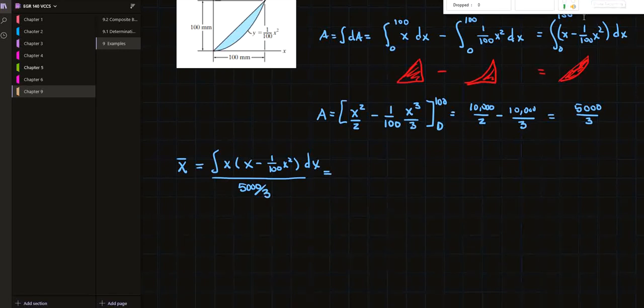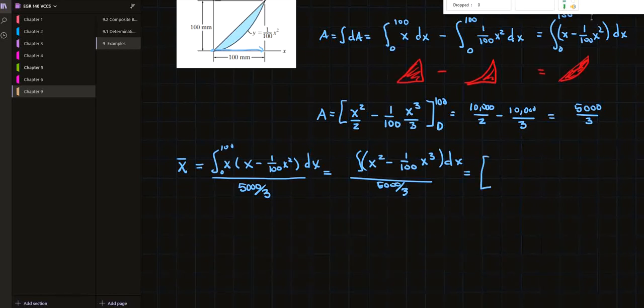So again, we'll simplify this. We're going from 0 to 100 here. So we're going from here to here with our integration. So this is x squared minus 1 over 100 x cubed dx, still divided by 5,000 over 3.